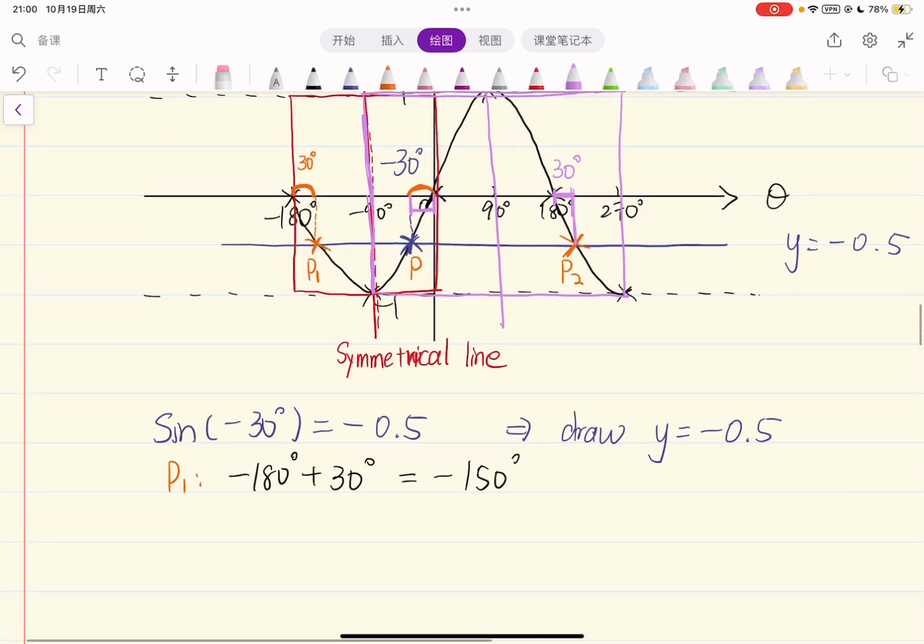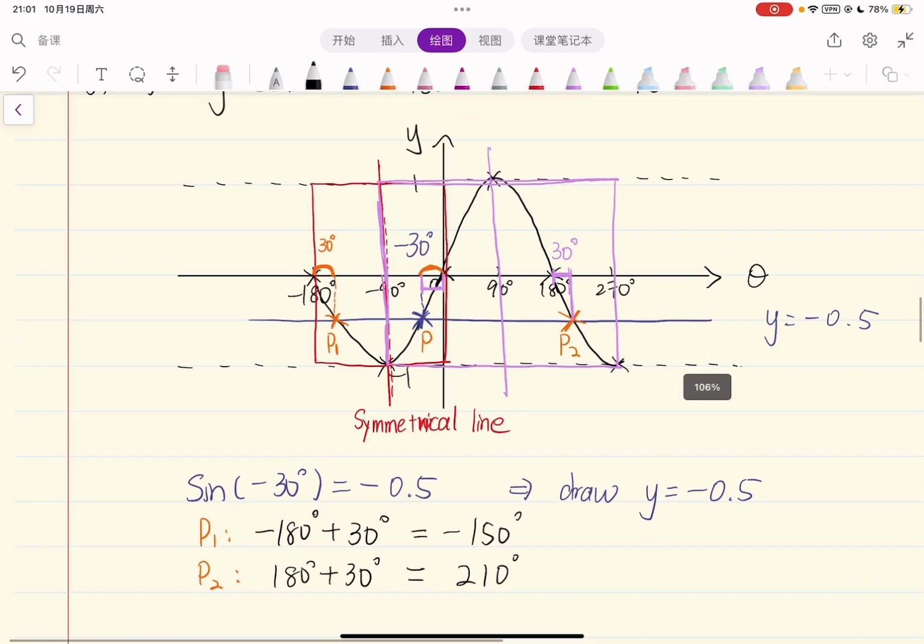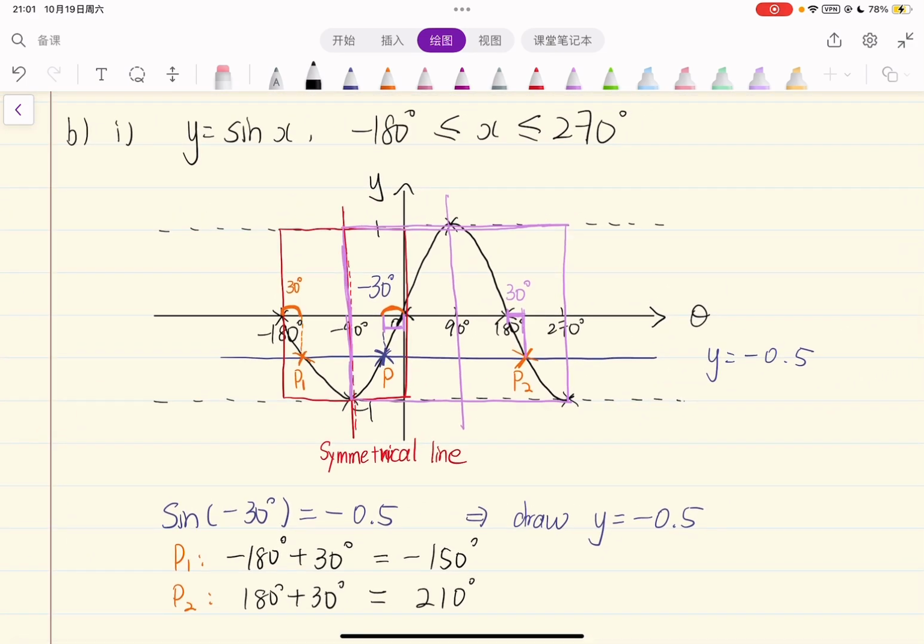So for P2, we get 180 degrees plus 30 degrees, that equals 210 degrees. So here are the answers.